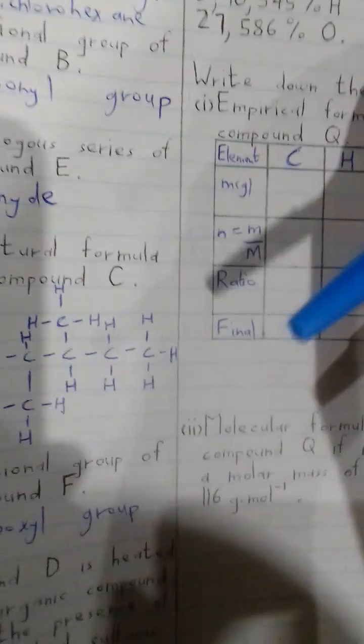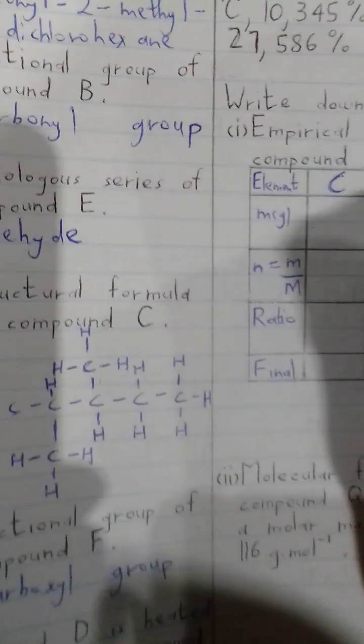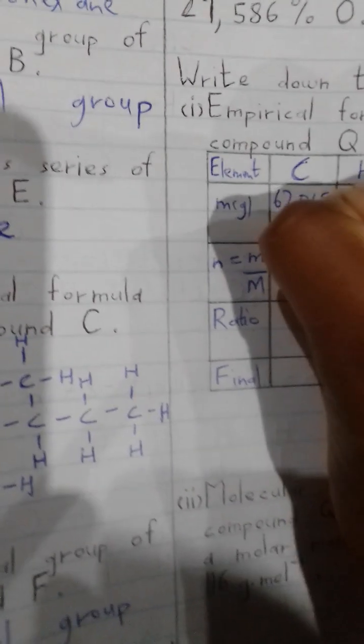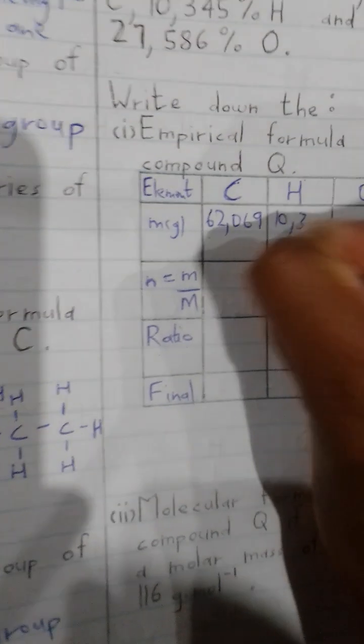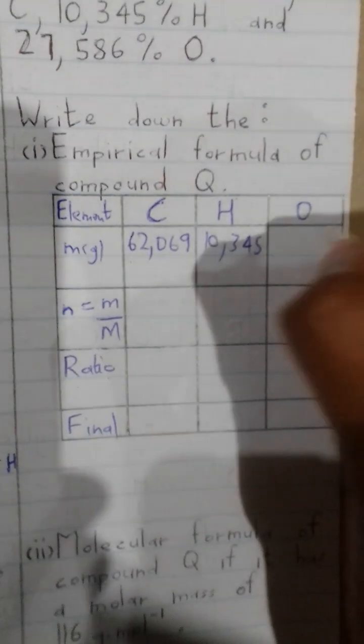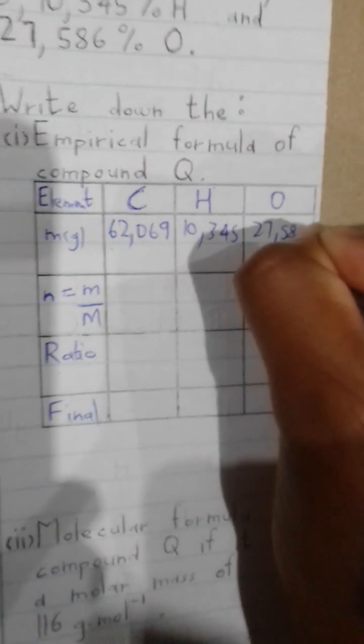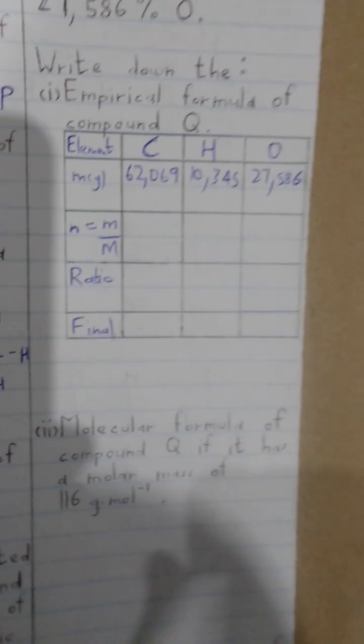So you convert these percentages into mass, right? Carbon is 62.069, hydrogen is 10.345, oxygen is 27.586, and then calculate the number of moles.